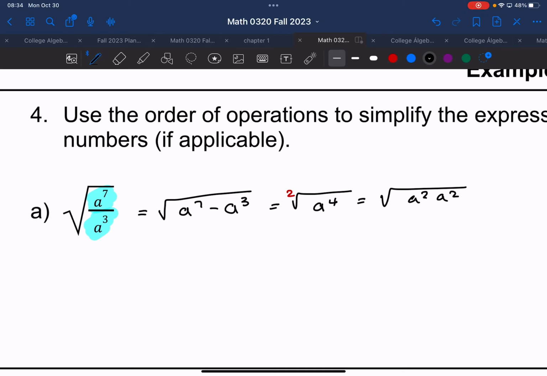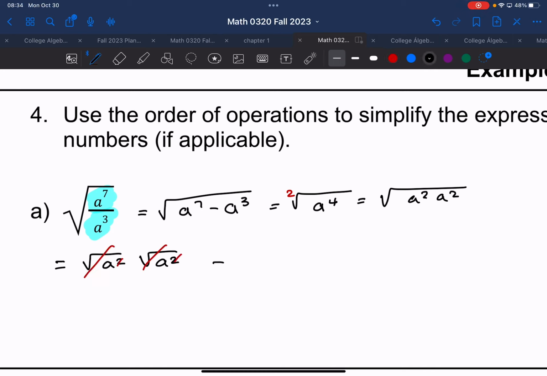And then we learned that with the properties of square roots that we could separate them. So the square root of a squared times the square root of a squared means what happens to both these radicals and exponents? They cancel.